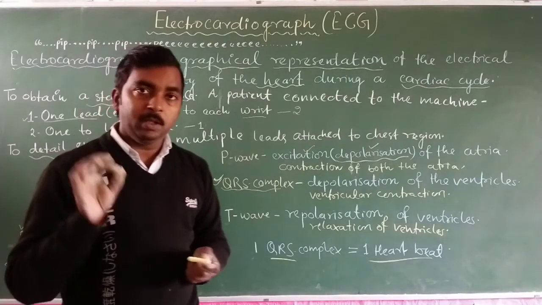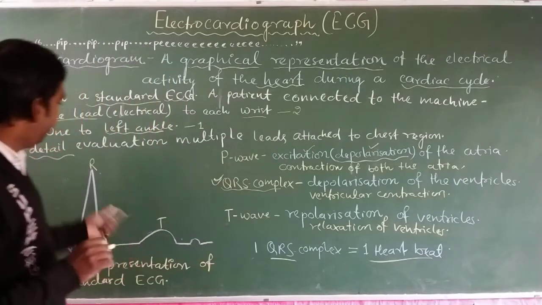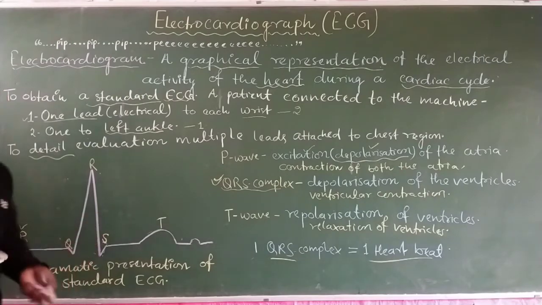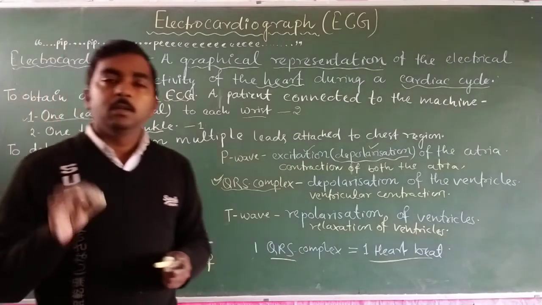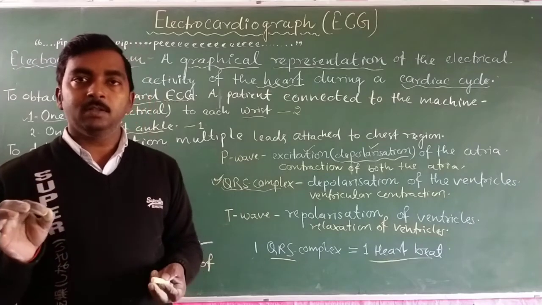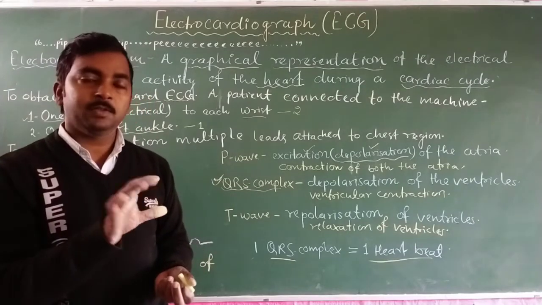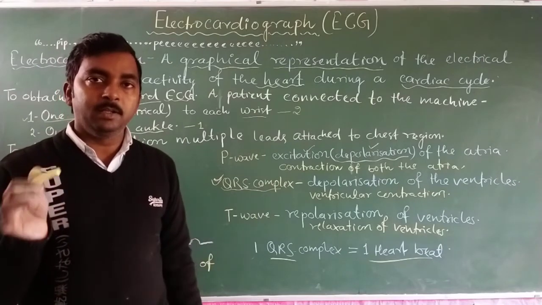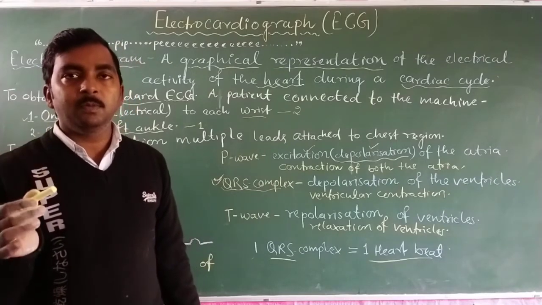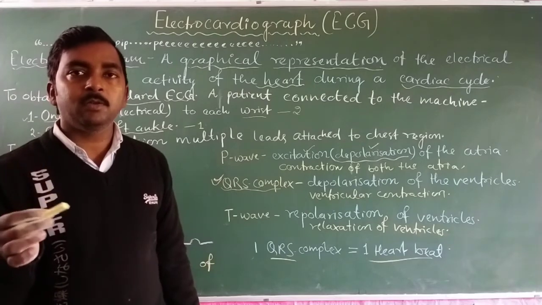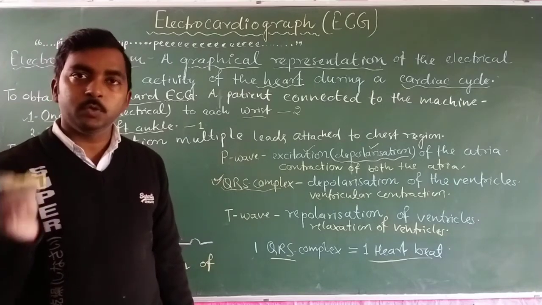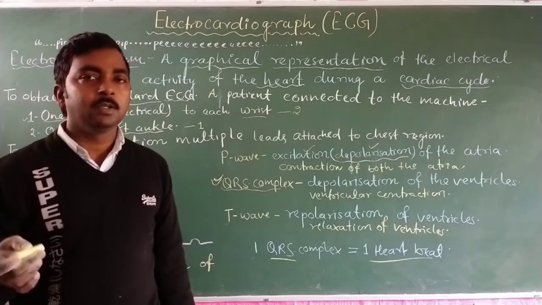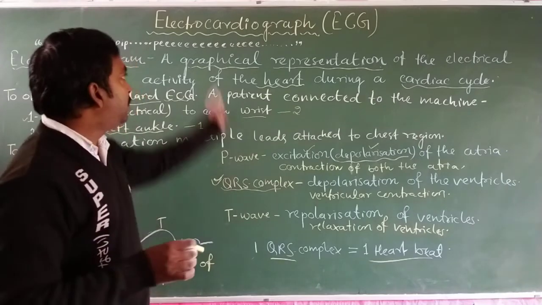But if we observe any deviation from these waves in the diagrammatic presentation on the screen, any deviation from the normal diagram may indicate some heart abnormality or heart disease. So to diagnose heart abnormalities or heart disease, we can also use the ECG.